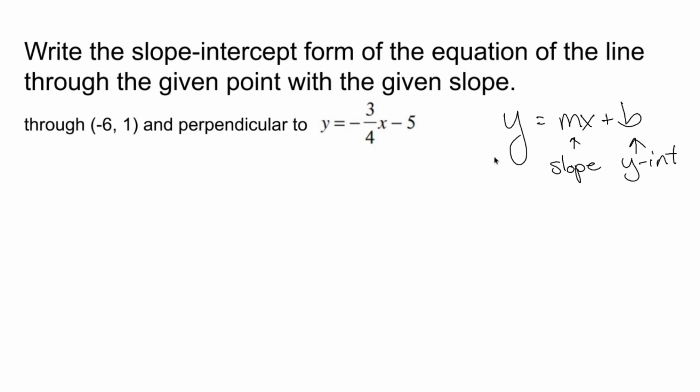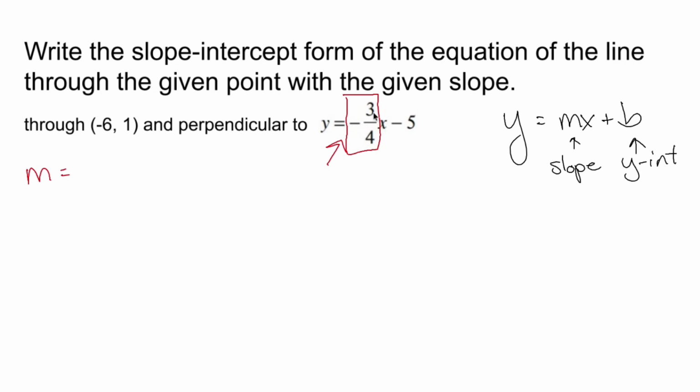I'm given the fact that this line, the one that I have to create, has to be perpendicular to that line. Now, perpendicular lines have slopes that are negative reciprocals of each other. This one has a slope of negative 3/4. The slope that I want has to be a negative reciprocal of that.